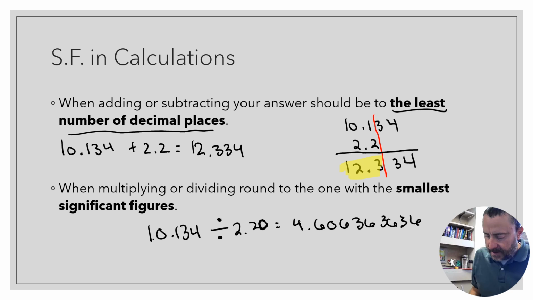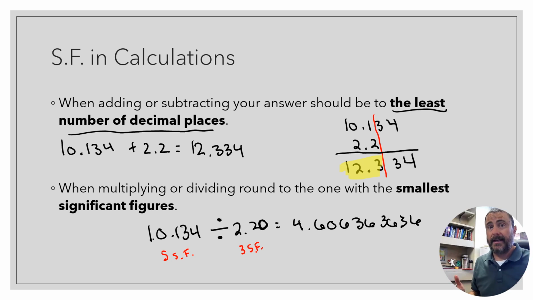So this number, 10.134, has 5 significant figures, and the 2.20 has 3 significant figures. We want to report our answer to the one with the smallest number of significant figures. You've got 5 and you've got 3.